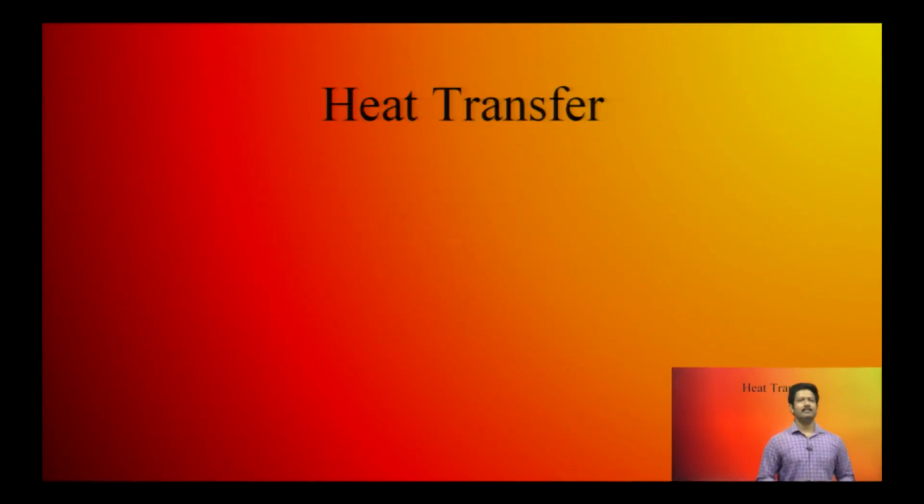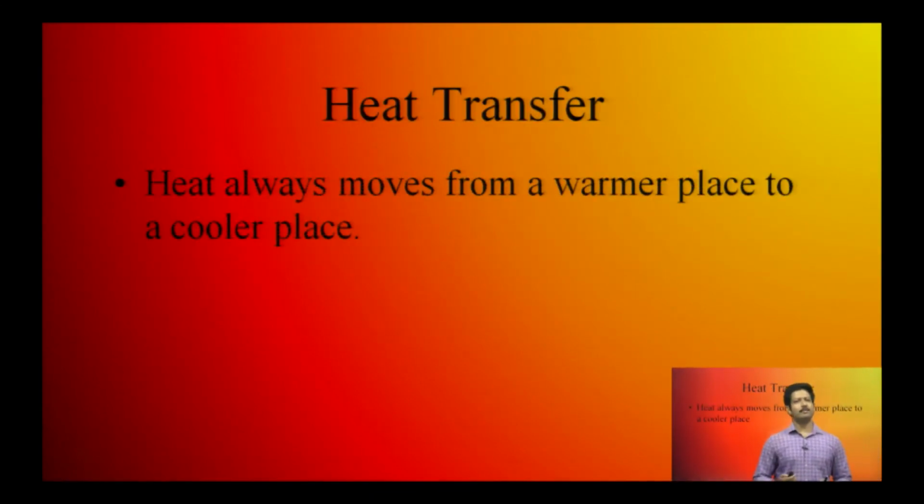The first slide tells us that heat always moves from a warmer place to a cooler place. We all know that we need to establish delta T. Delta T means the temperature differential across the two points. Suppose one point is at 50 degrees Celsius. For heat to be taken out from the 50 degrees Celsius part, you have to have a lower temperature on the other part.